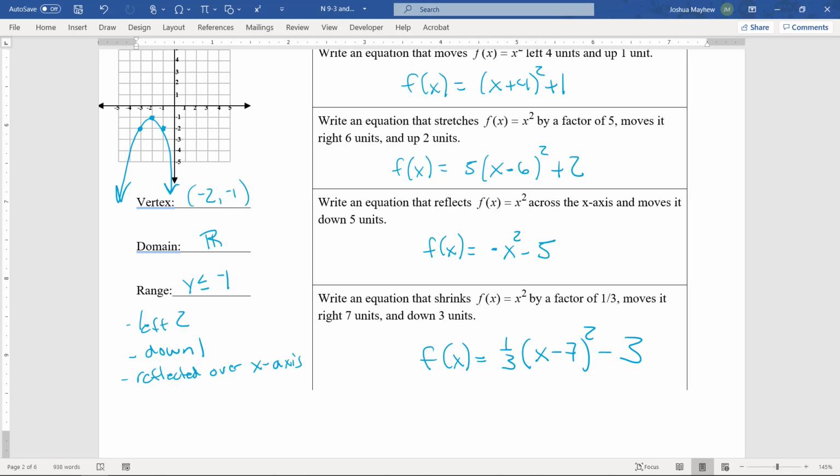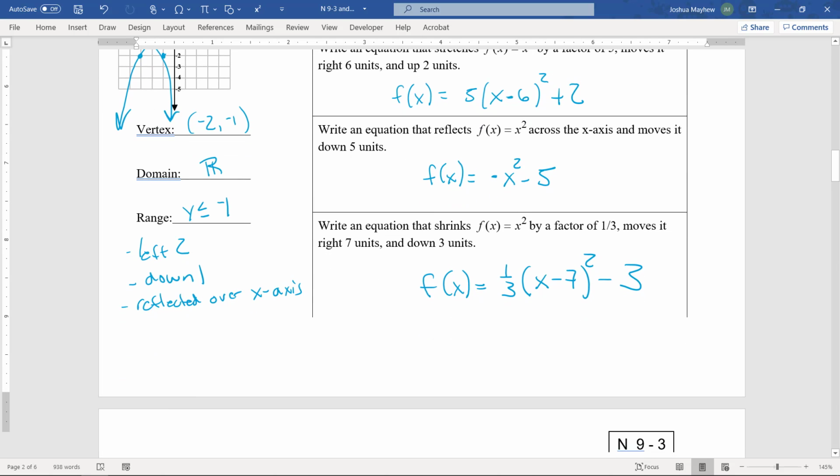All right, check your answers. That's what you should get. In the past, I found my students have the least amount of trouble with problems like this. Just make sure you don't leave off the squared, make sure you read carefully, look at your equation, and make sure it matches the description.